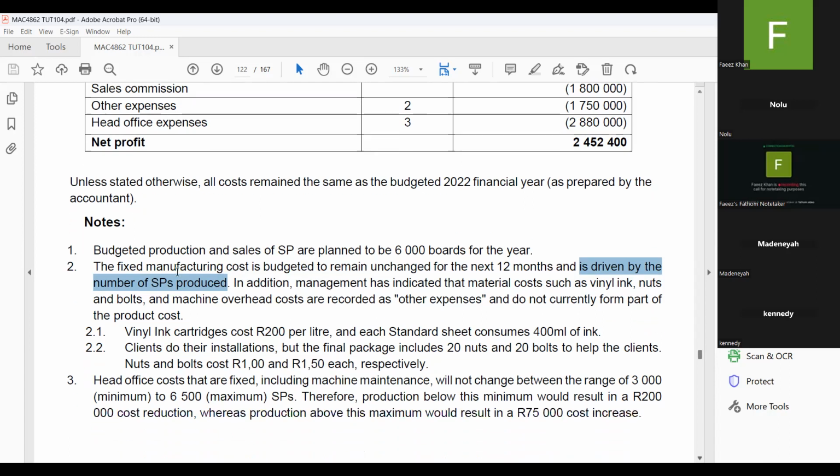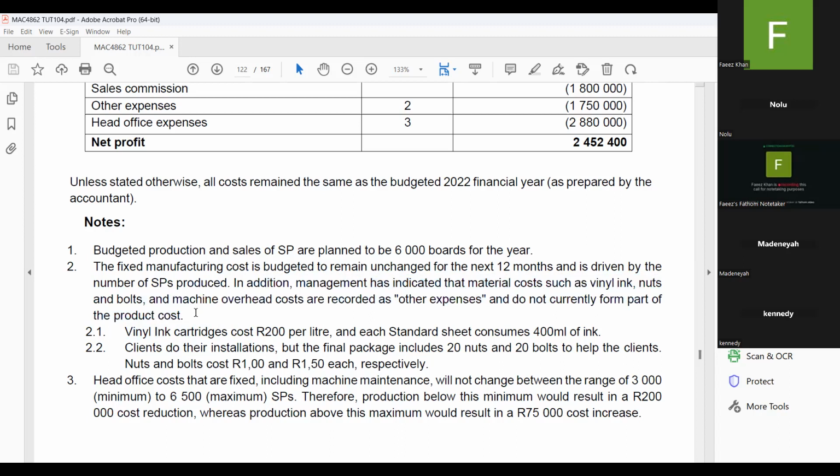Then they say, in addition, management has indicated that the material costs, such as vinyl ink, nuts and bolts, and machine overhead costs, are recorded as other expenses and do not currently form part of the product costs. So this is incorrect. Those must form part of the product costs.